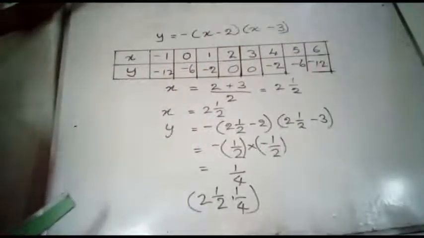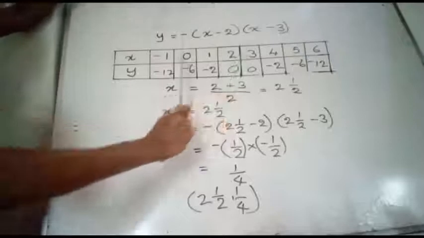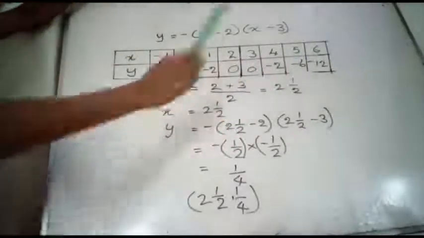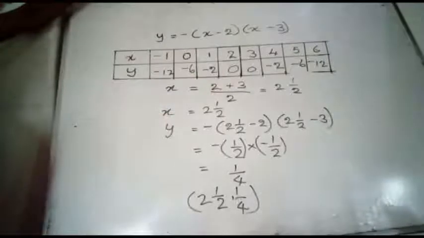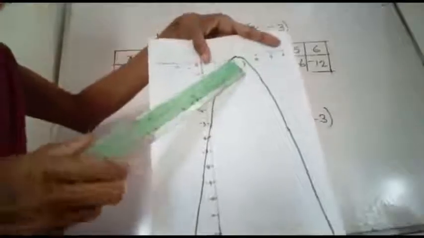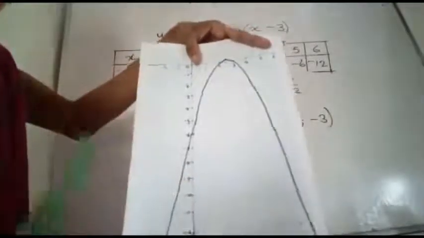We can take equal numbers of values on both sides of 2.5, at equal distance, from negative 1 to 6. After 2.5, the next coordinates are 3, 4, 5, 6.